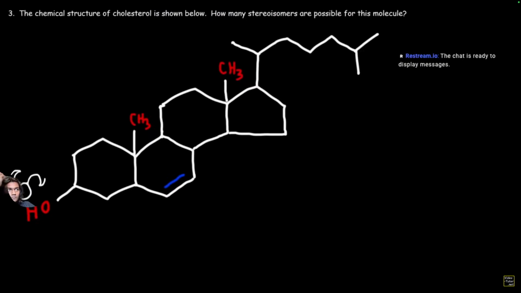Number 3, the chemical structure of cholesterol is shown below. How many stereoisomers are possible for this molecule?